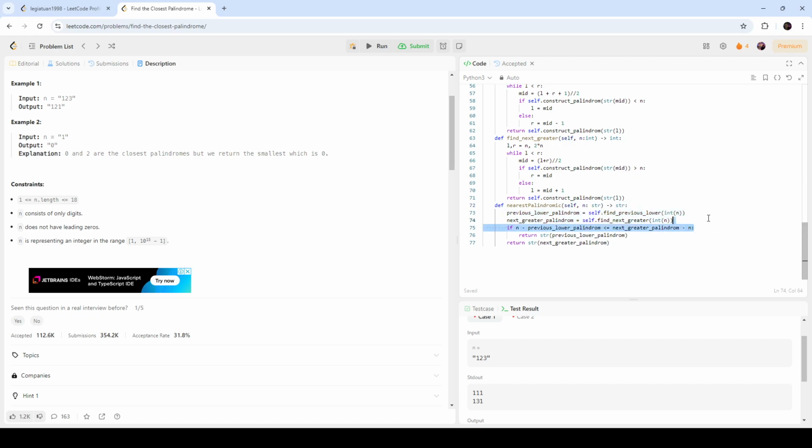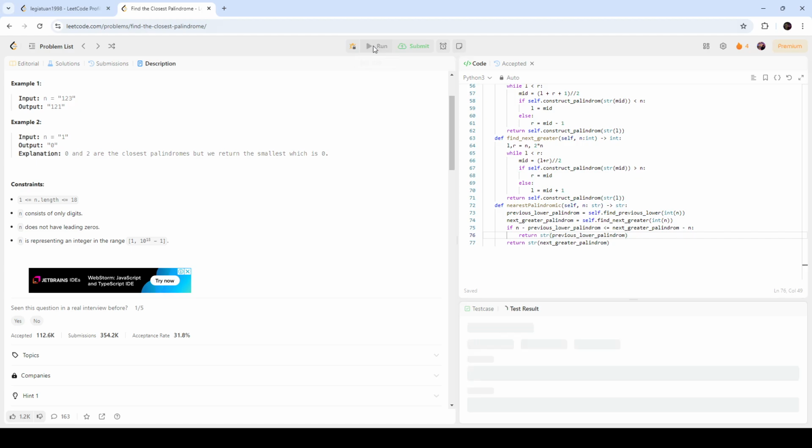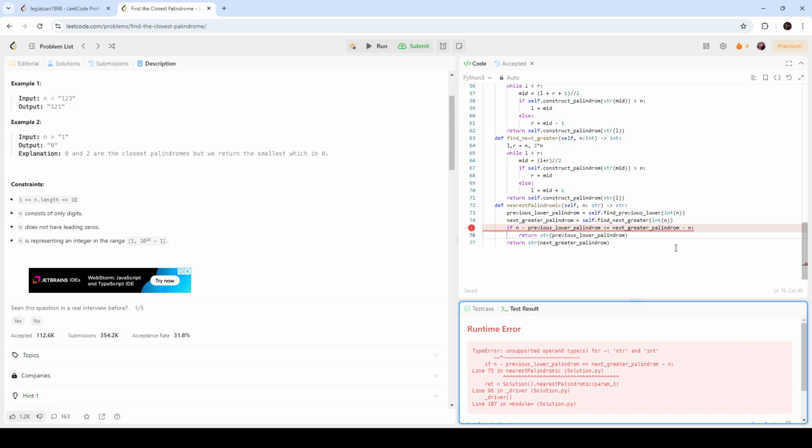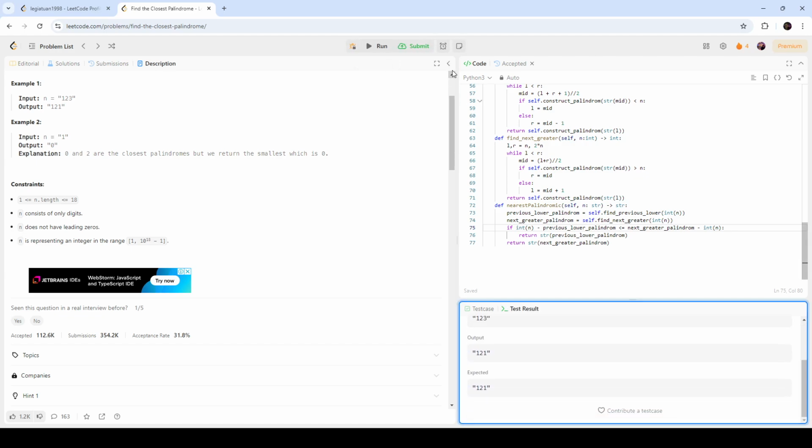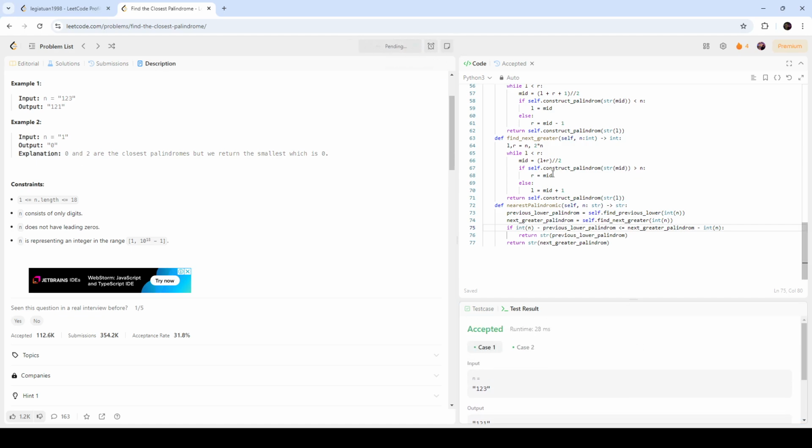So this is correct. Let's just run it. String and int. This guy is actually a string. Okay, so we need to convert it to integer. Okay, let's submit it.